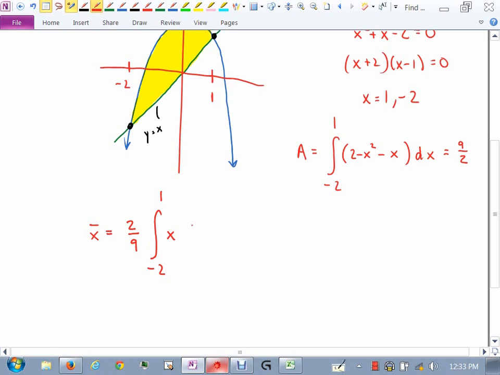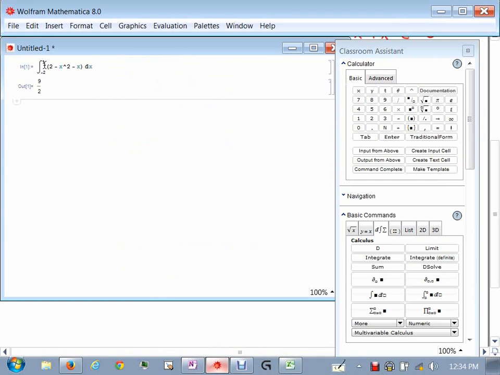Okay, so this will be the f function 2 minus x squared, then minus the x, and then dx. So all I'm going to do is go back to Mathematica, and I'm going to throw an x in here, and I'm going to throw 2/9 on the outside. So I'm going to throw an x in right here.